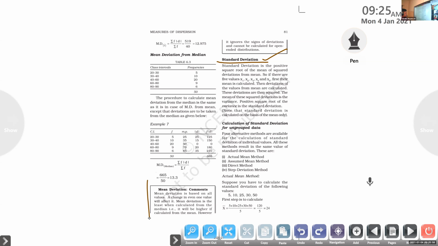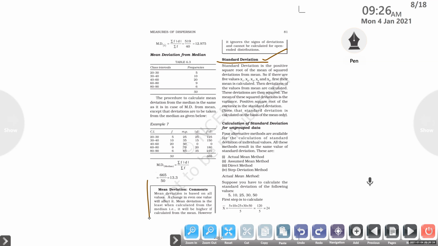Mean deviation is the least when calculated from the median, that is, it will be higher if calculated from the mean. However, it ignores the signs of deviations and cannot be calculated from open-ended distribution. Keep that in your mind. Maybe one question will be there: the importance of mean deviation or drawbacks of mean deviation. Okay, learn that.